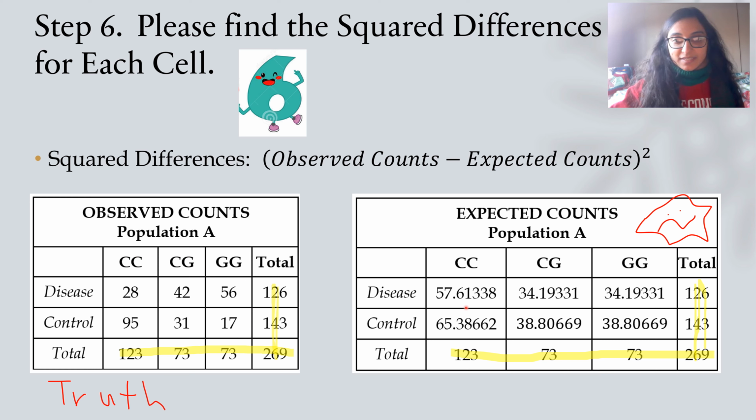You might notice that we expect this to be 57, but instead it's 28. So we would expect a lot more diseased people than we observed. We only observed 28 diseased people with CC, but based on the number of CC individuals, 123 out of 269, a huge majority of all these genotypes, we would expect a lot more, like 57 out of the 126 individuals should have the disease.